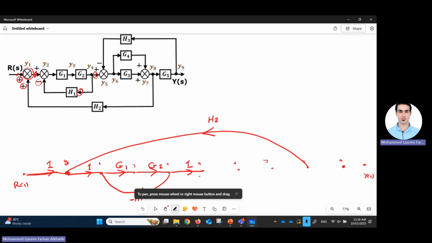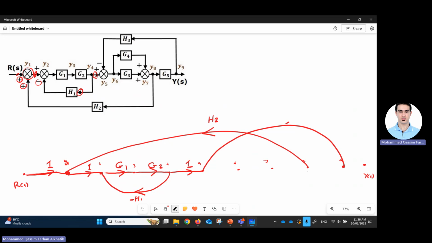Now Y5 is a summing point. We have an input coming from Y9 all the way to Y5. So that's Y9, and you can do it this way. That's Y5. What will be the gain? H3, and the sign is negative also because the input here is negative. Y5 will go to Y6 with unity gain.